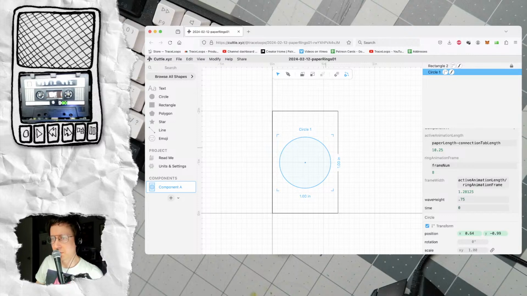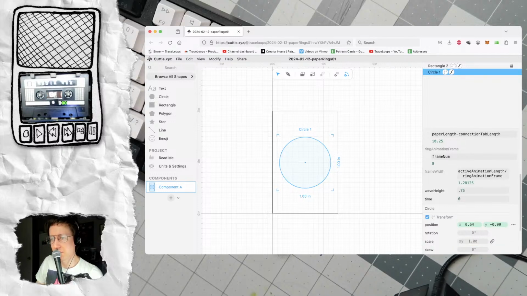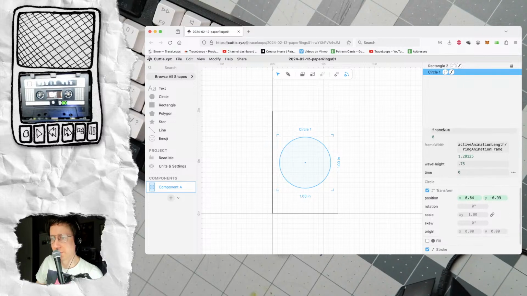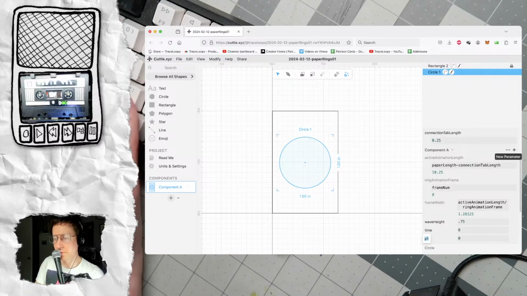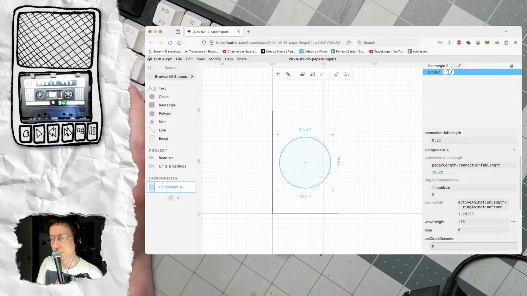So what I'm going to do is take this guy and let me make a parameter. This is circle diameter, and this will be frame width divided by 4.